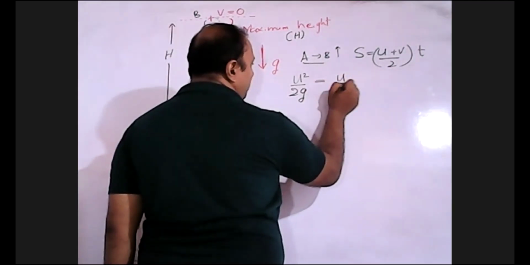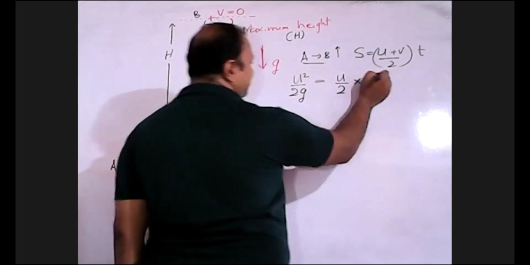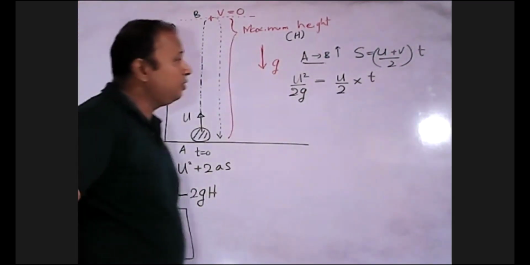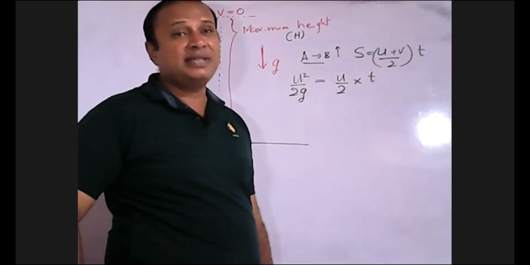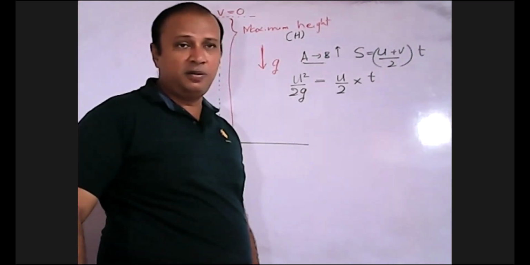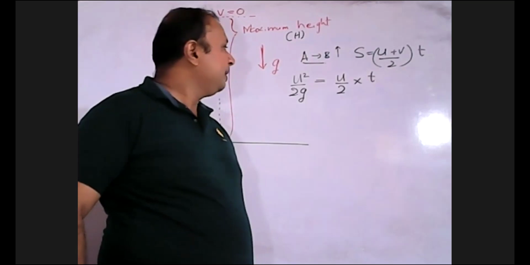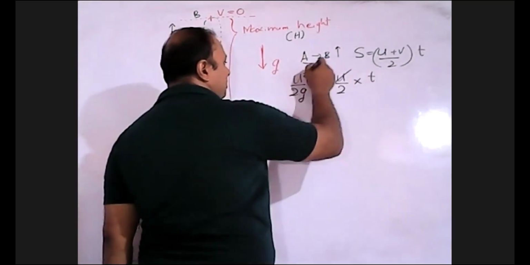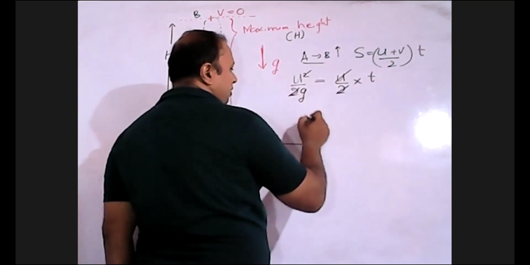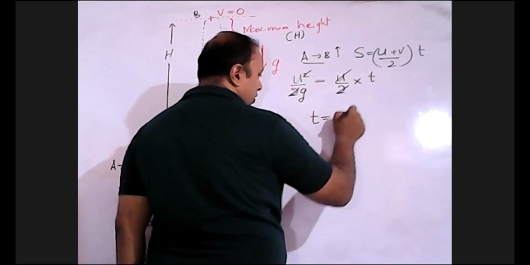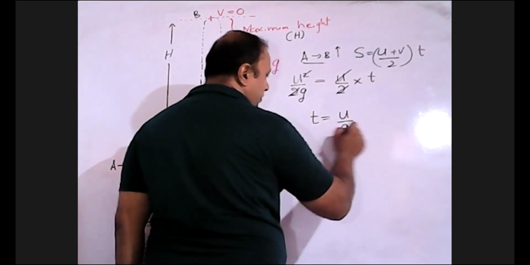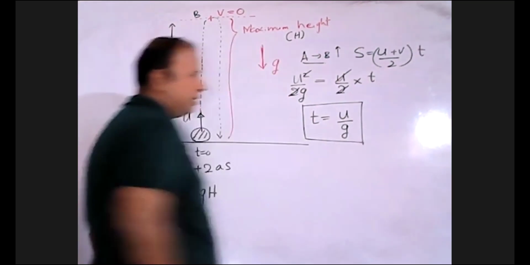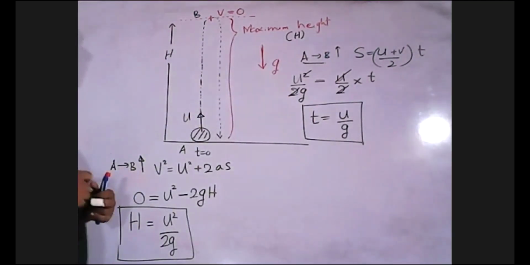Therefore, u over 2 times t. Or otherwise, you can use v equals u plus at. That is also an easy equation. This will cancel out. So t is equal to u over g.